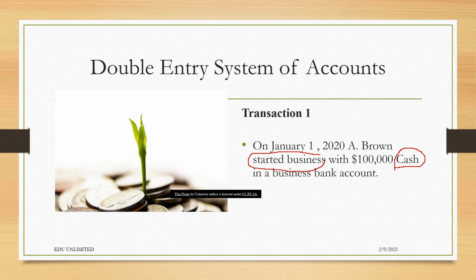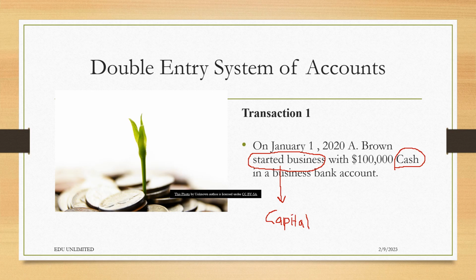Why is it capital? Once we see this term, started business, it signifies that we must open up a capital account. And then the money that is used to start the business is money in a business bank account.